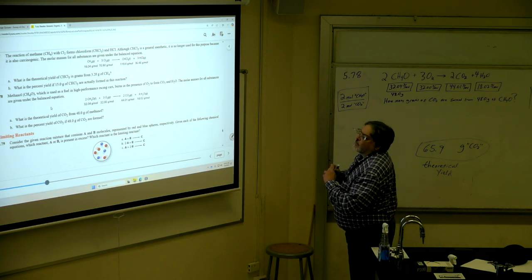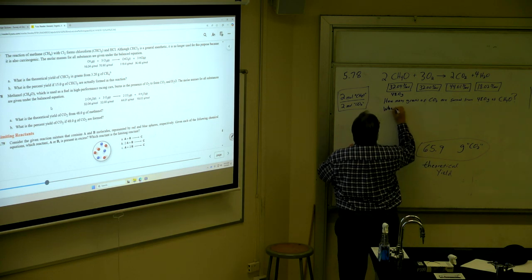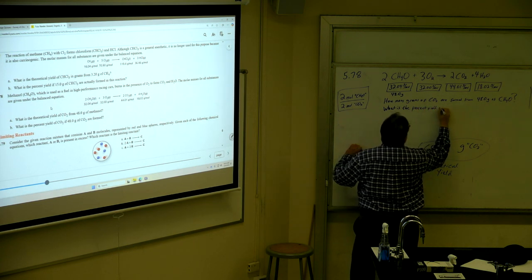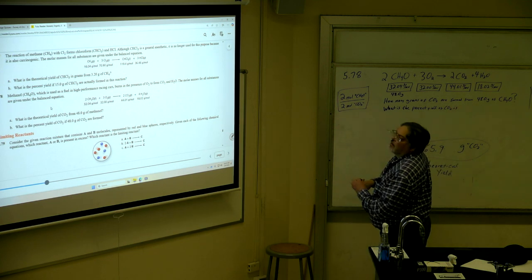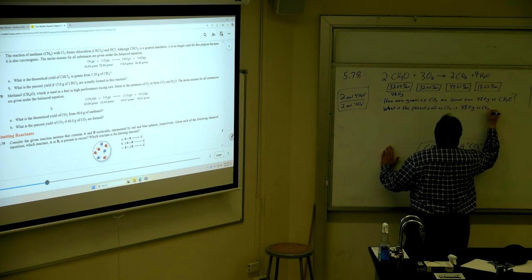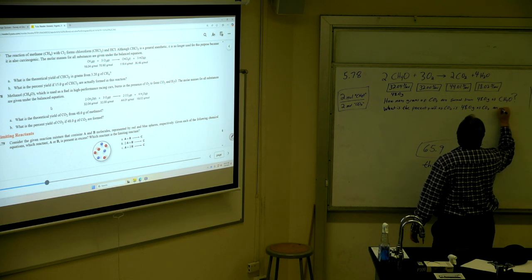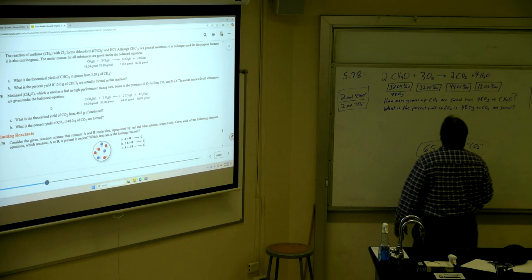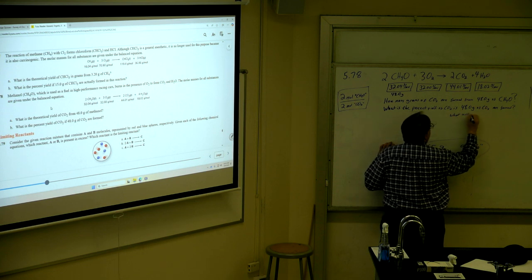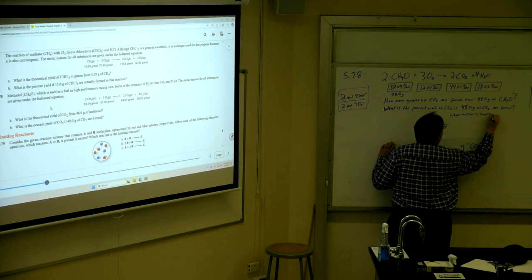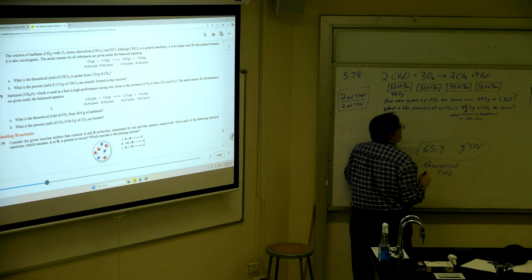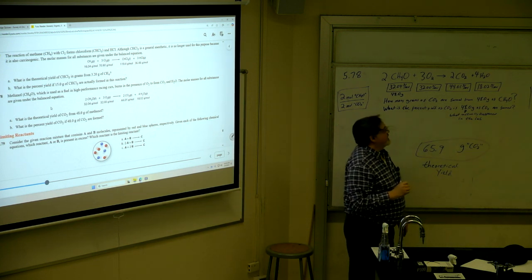And it's saying, what is the percent yield... This, what they're telling you is, they're saying 48.0 grams of CO2 were actually formed.